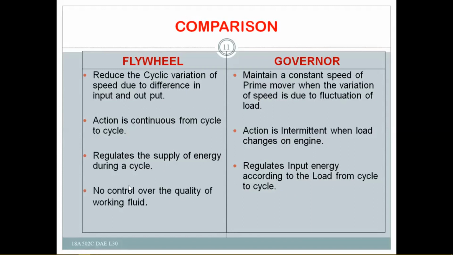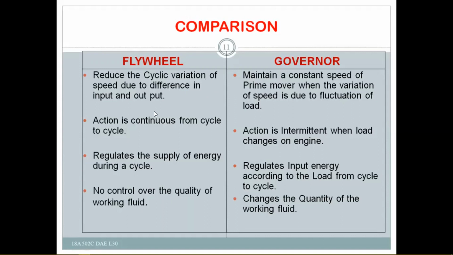Next, the flywheel has no control over the quantity of working fluid. It is not controlling the fluid supply, whereas the governor will control or change the quality and also quantity of the working fluid.